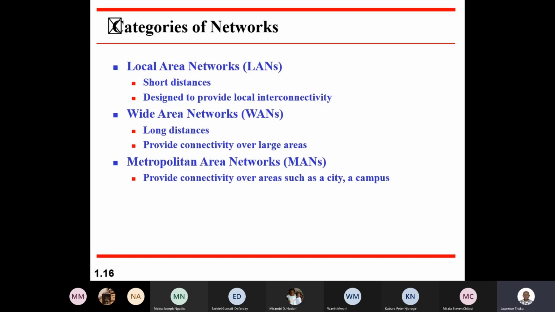And of course, the metropolitan area network will provide connectivity over areas such as a city or even a campus. Okay, so it's more of a MAN. It covers a larger distance than a local area network, but of course it's a little bit shorter in terms of distance when you compare it to the wide area network.